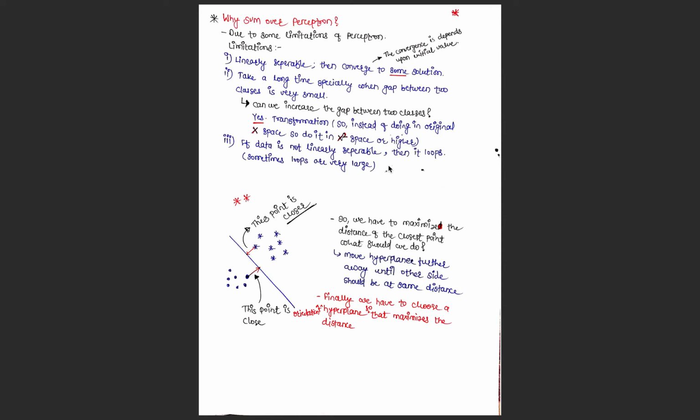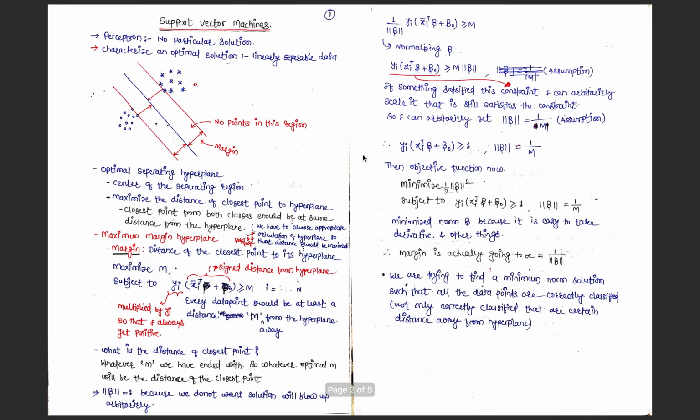It means perceptron is not working for a simple problem, so why should we use it? Due to these reasons, we move to support vector machines. We have already seen that perceptron does not give a particular solution because it will not always guarantee convergence, that's why we go to SVM.